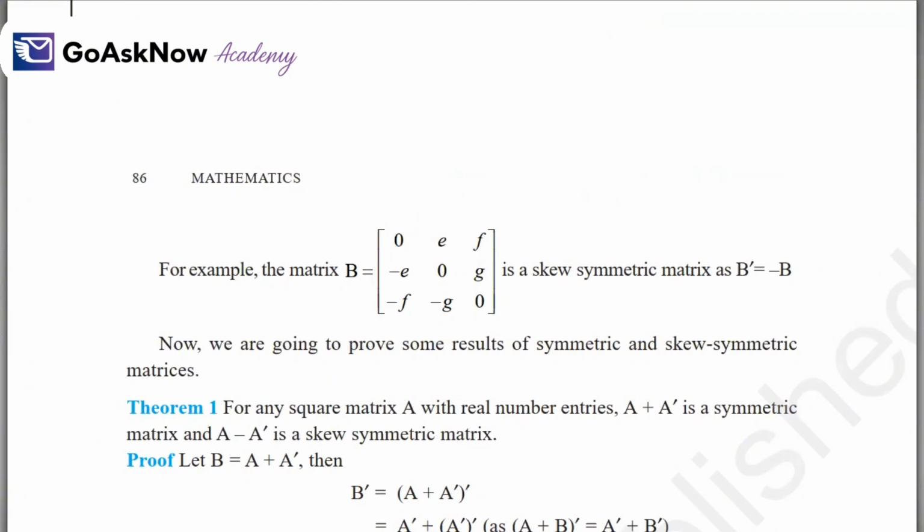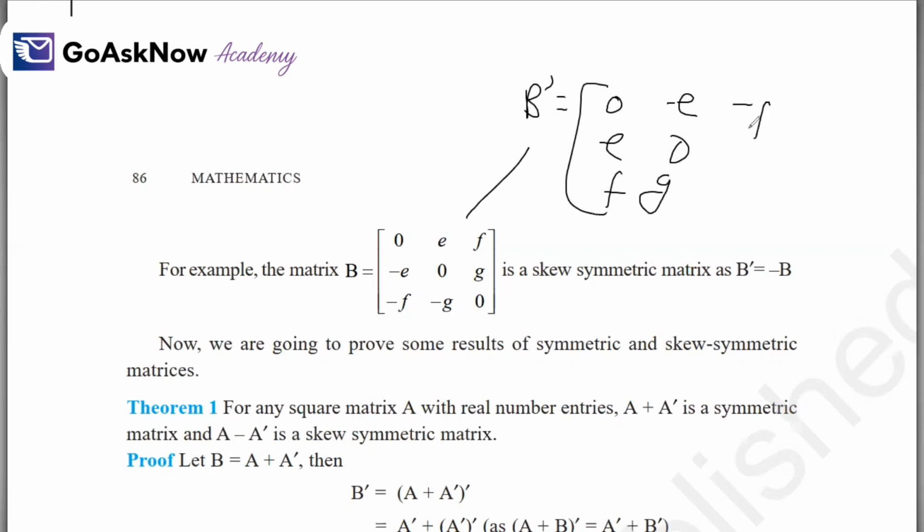Okay, this is a skew symmetric matrix because if you take the transpose here, you will get B dash equal to 0, E, F. Then here you will get minus E, 0 and G. Here minus F, minus G, 0. You can observe here that it is coming equal to minus B only.